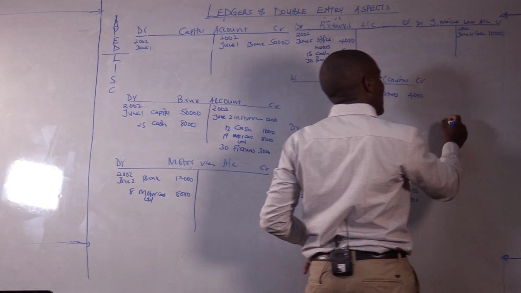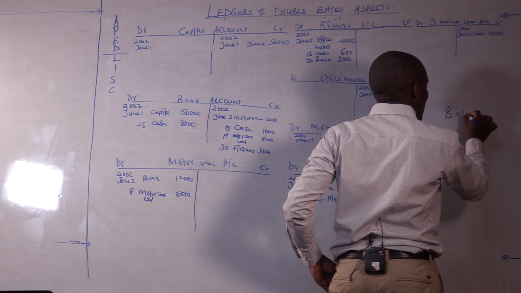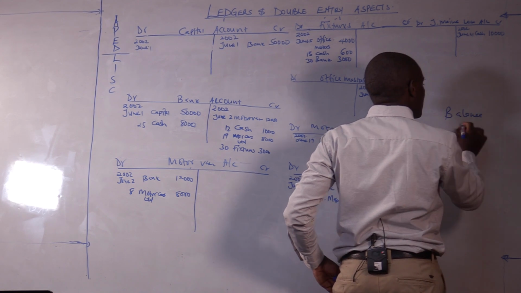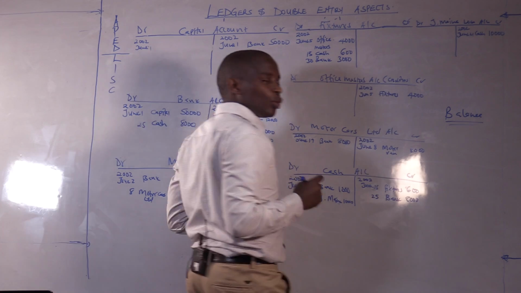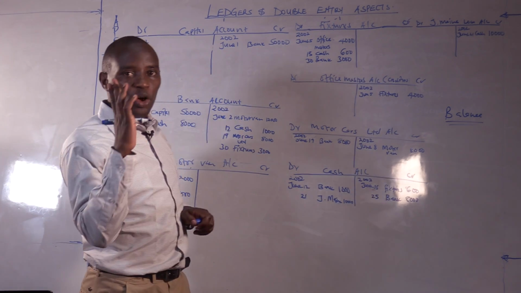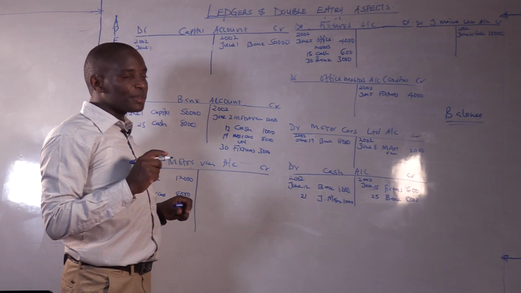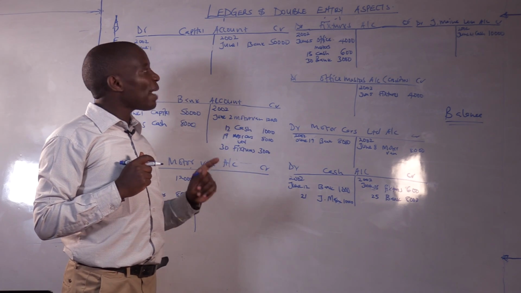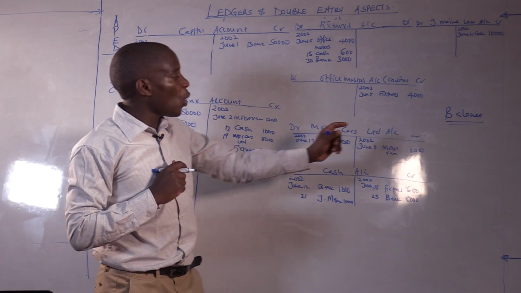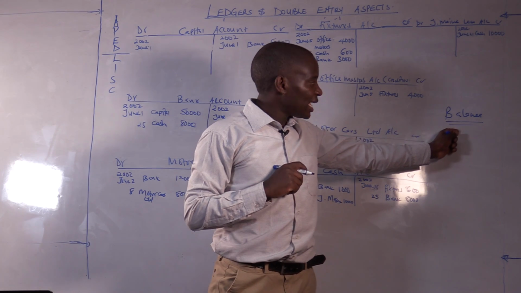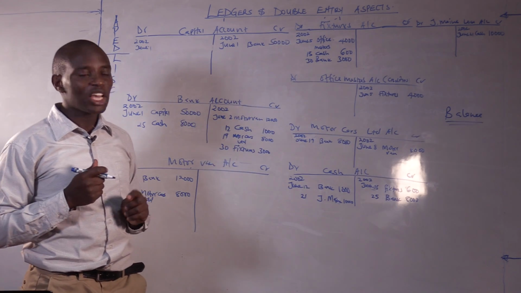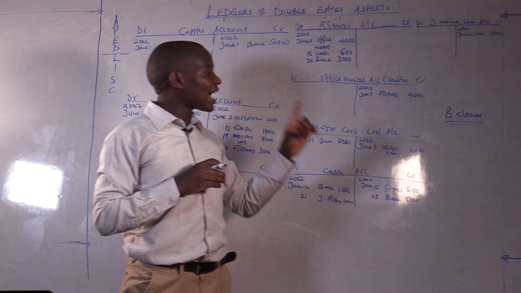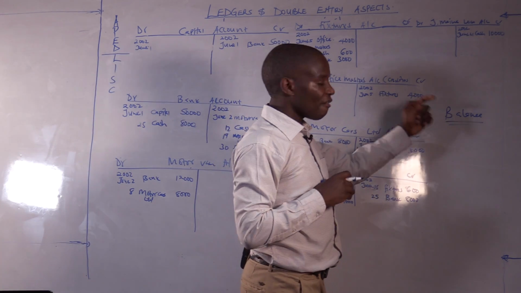bring in something we call balances. And these balances are of two types. We have what we call balance brought down. The balance brought down is the opening balance. And we also have another balance called balance carried down, or carried forward.